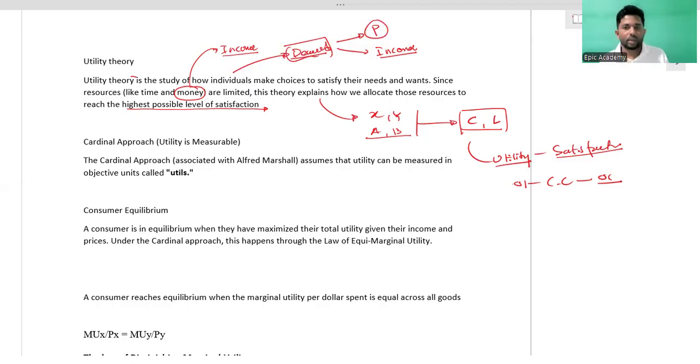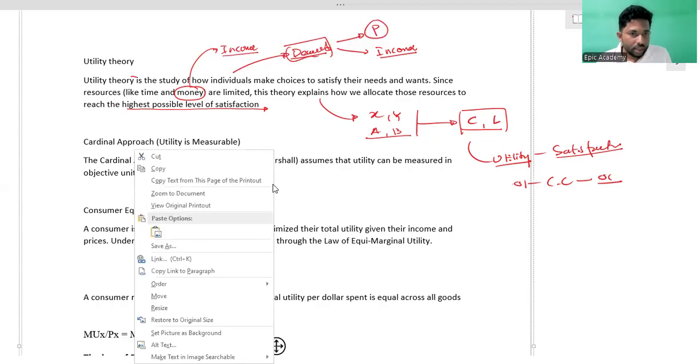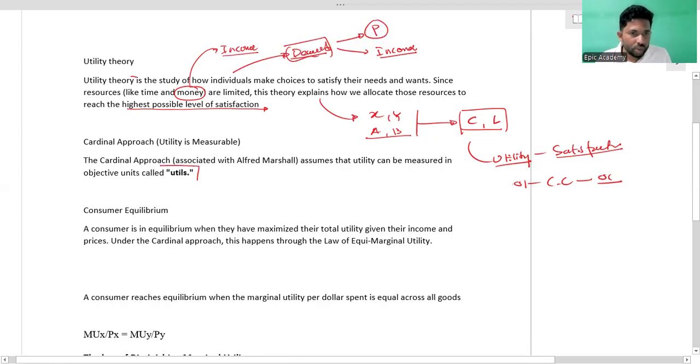So in the cardinal approach, we are going to measure the utilities. The measuring unit is utils.